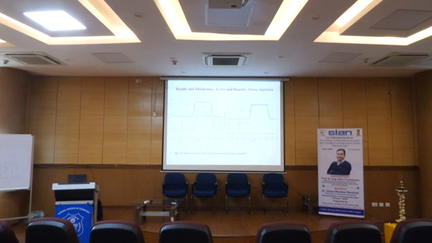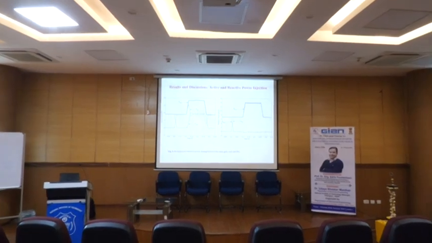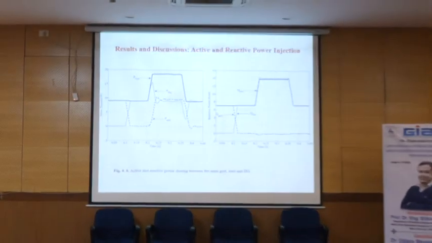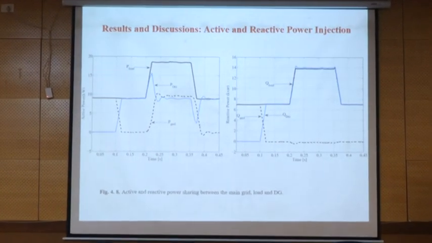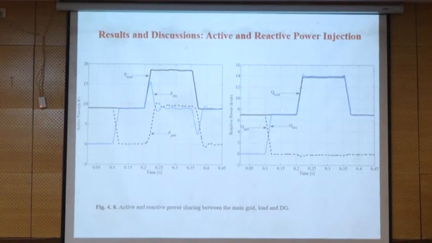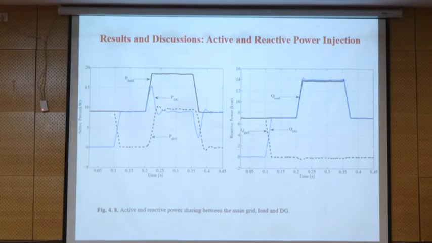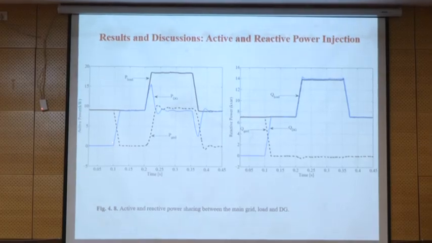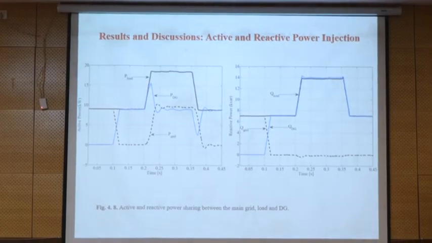This is also the power sharing between the grid, converter, and load. We see the active power and reactive power, and that at 0.1 the DG is connected. The blue color is the DG connected, and it follows the maximum load power.